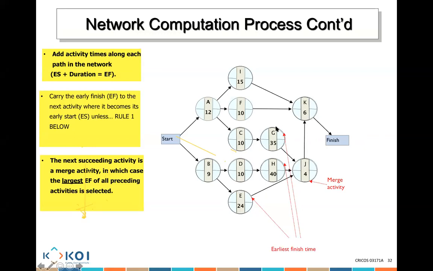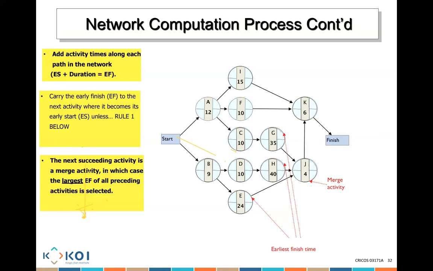So you need to see, is the early finish of G bigger than H and bigger than E? If yes, then you will use the largest early finish to become the early start for J. Does that make sense? Yes. But here in this case is the H, right? You don't know the early finish yet. Let me show you. We haven't done it yet.